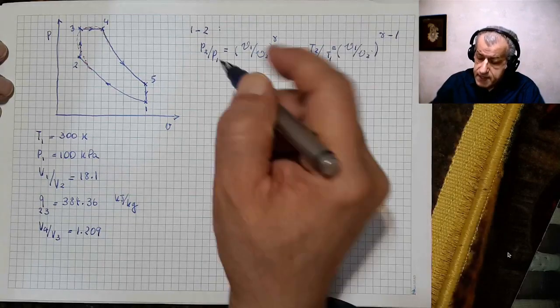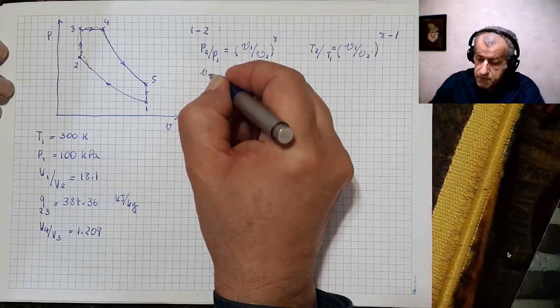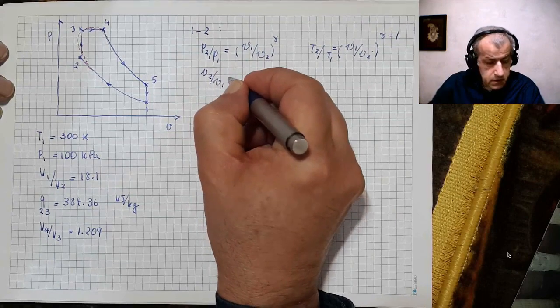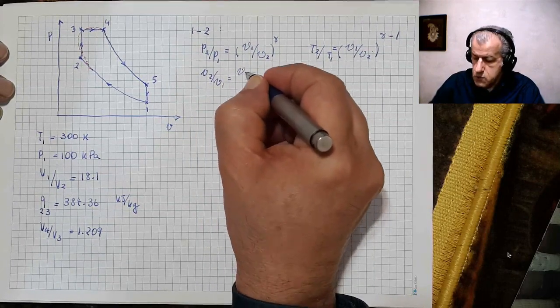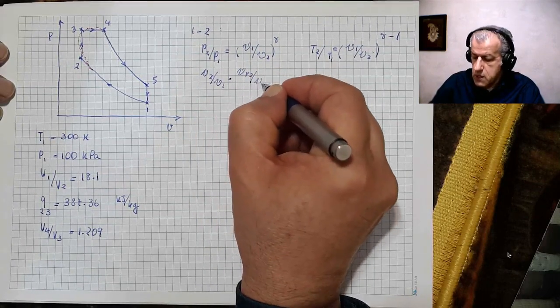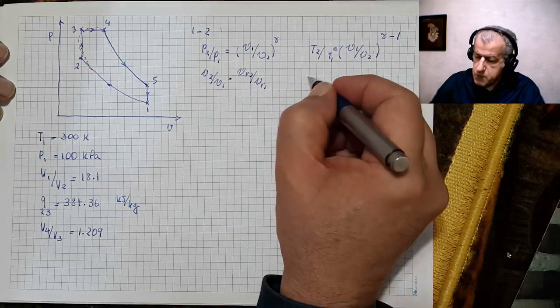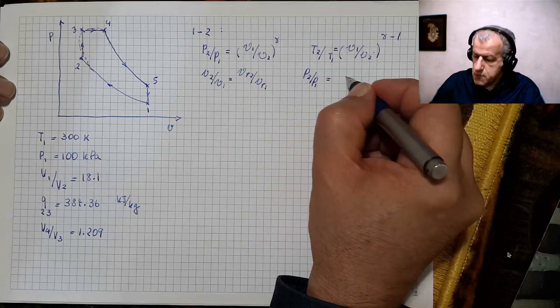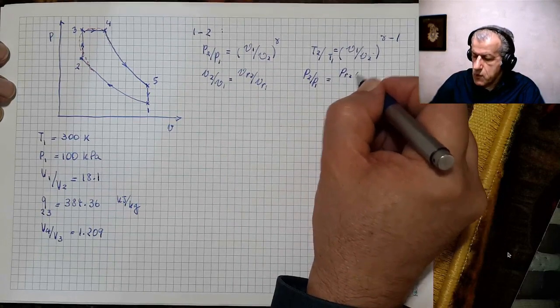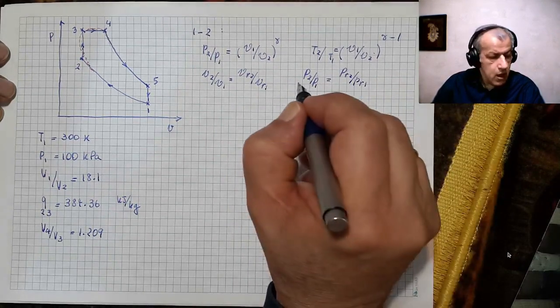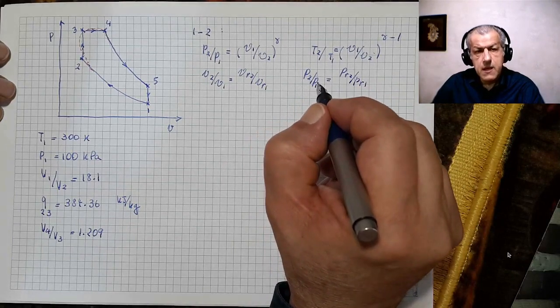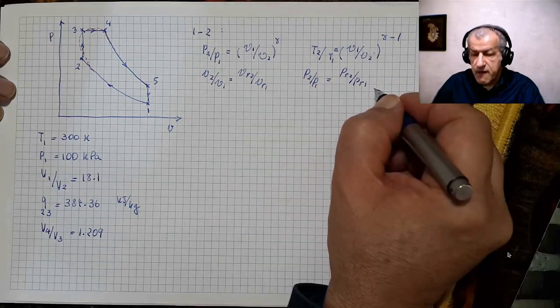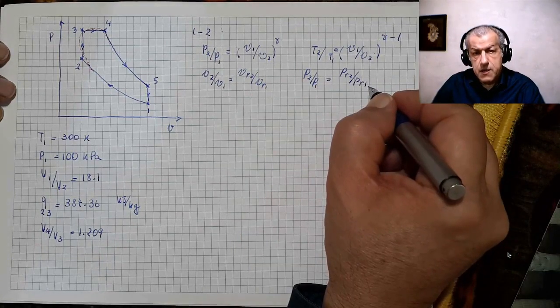And that is when we use V2 over V1 equals VR2 over VR1, and P2 over P1 equals PR2 over PR1. You see, these equations are valid for isentropic processes.